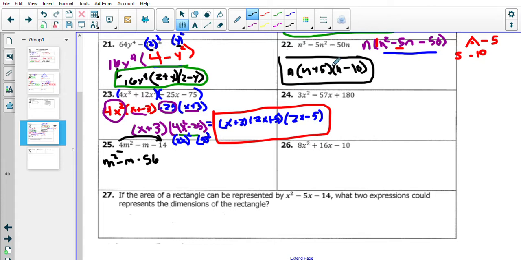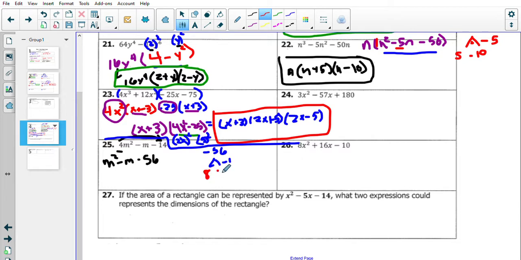Okay? Now we have a basic trinomial, so we deal with it in the same way that we did number 22. I'm going to put a line here so that we don't run into any problems. So we look at what 2 numbers multiply to negative 56, but add to negative 1. Well, there's only 2 numbers that give us 56 that differ by 1, and that's 8 and 7.